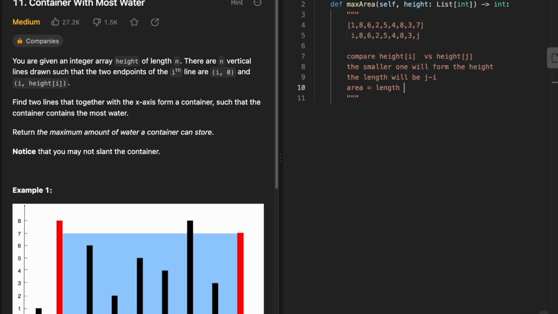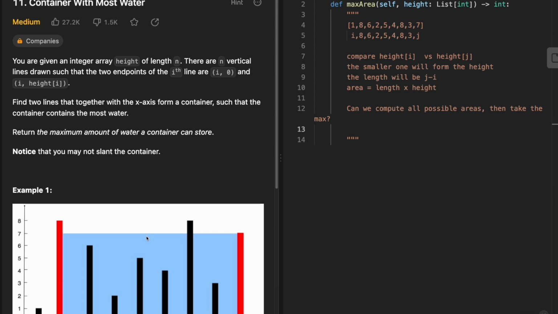Area is length times height, right? And then since we have this case, can we compute all possible areas, then take the max?